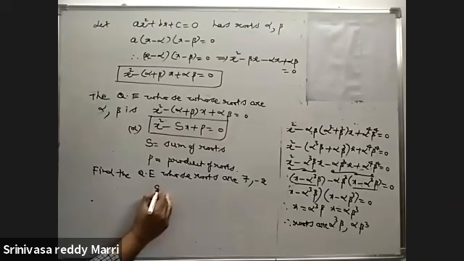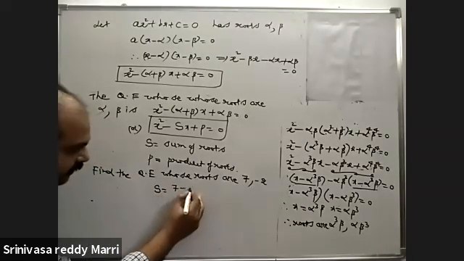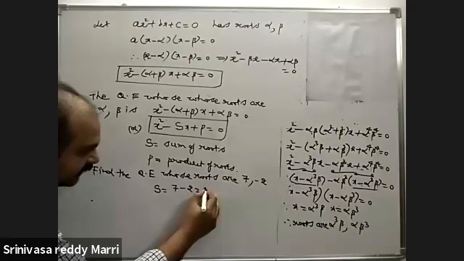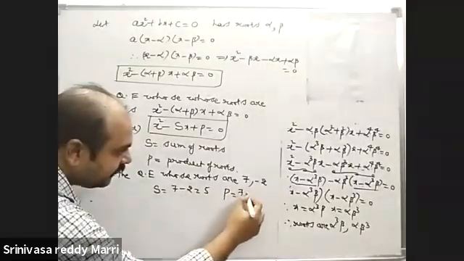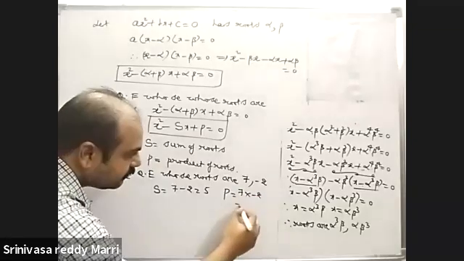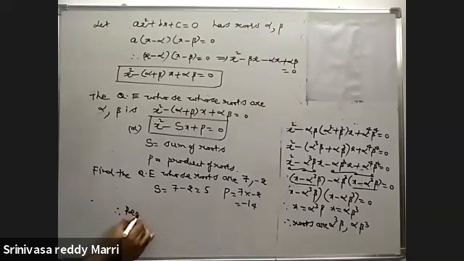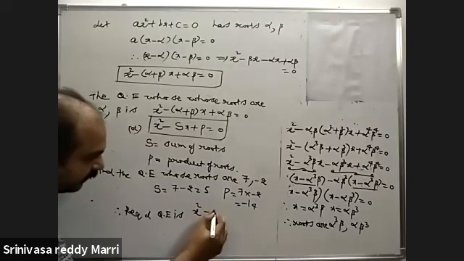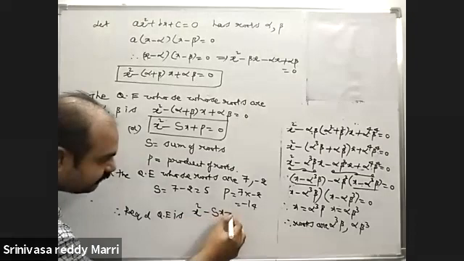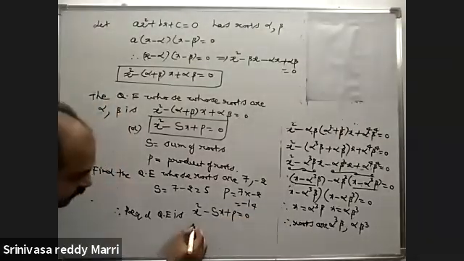Sum of the roots, S: 7 minus 2, that is 5. Product of the roots: 7 into minus 2, this is minus 14. Therefore the required quadratic equation is x square minus sum of the roots into x plus product of the roots equal to 0.